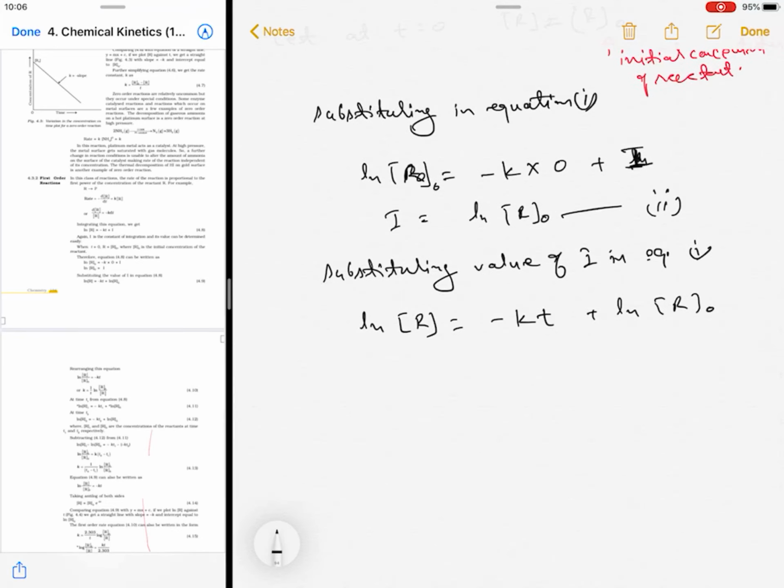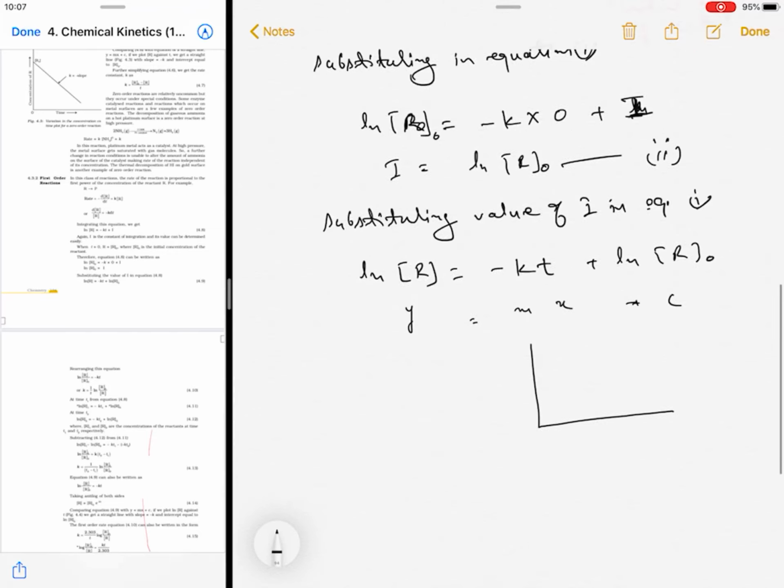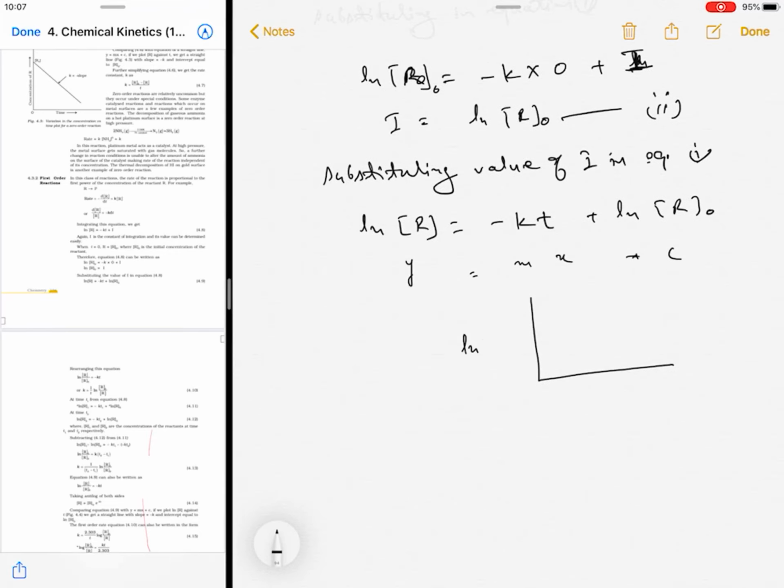Here we can see that this equation is in the form of the equation of a straight line. If we plot a graph between natural log of concentration of R and t, this graph will have a negative slope. The intercept is natural log of R naught and the slope is equal to minus k.